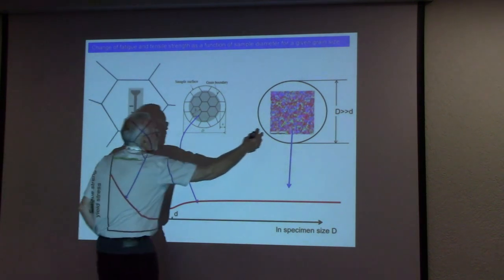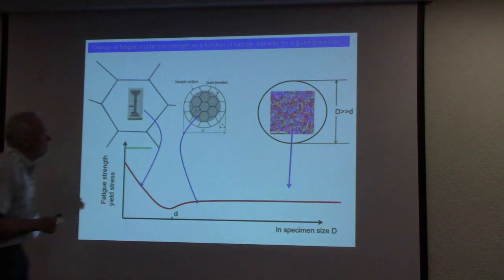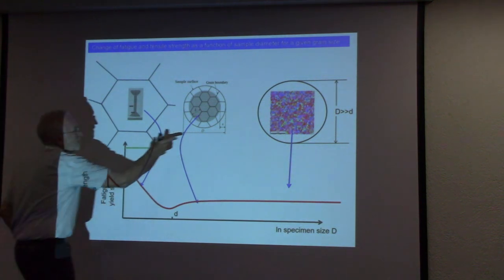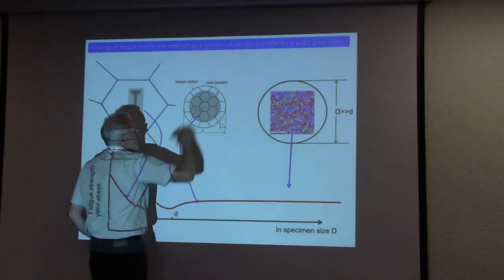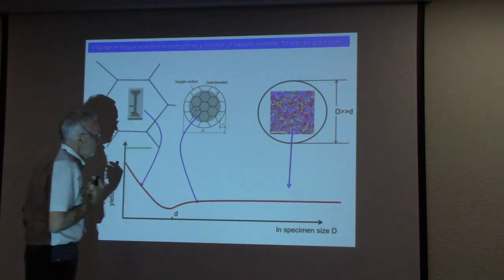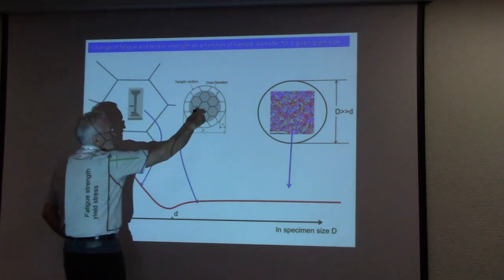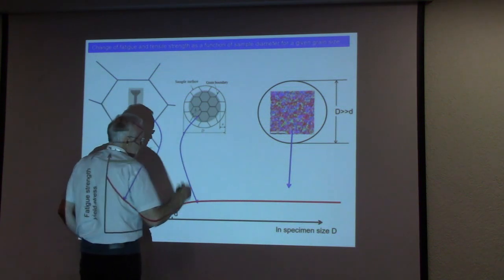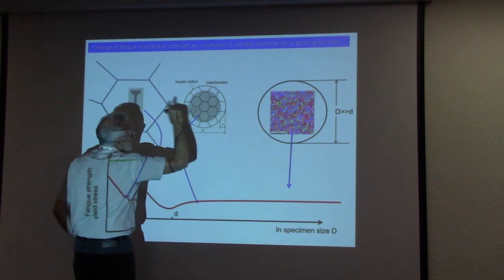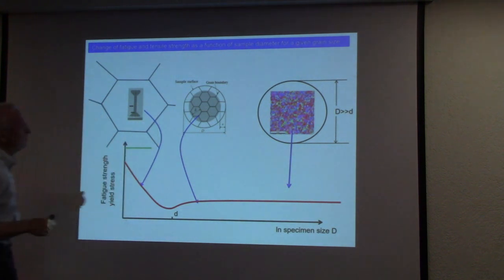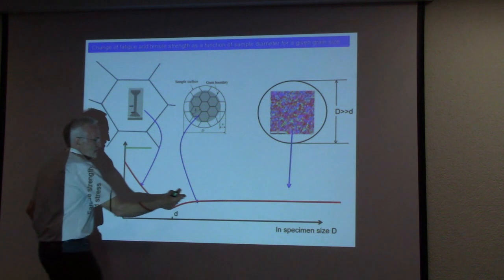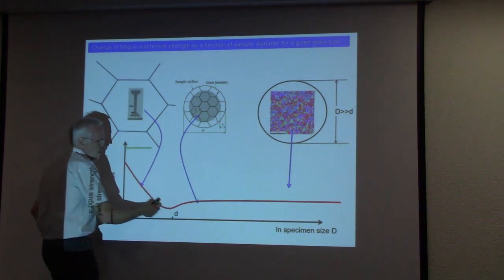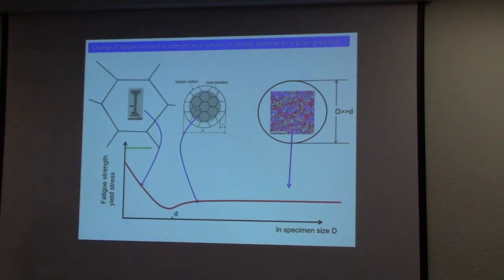But when we come into a region where the dimensions of our sample become approximately five to, we have seen, seven to eight times the grain size, for example, then it is interesting that the strength goes down.